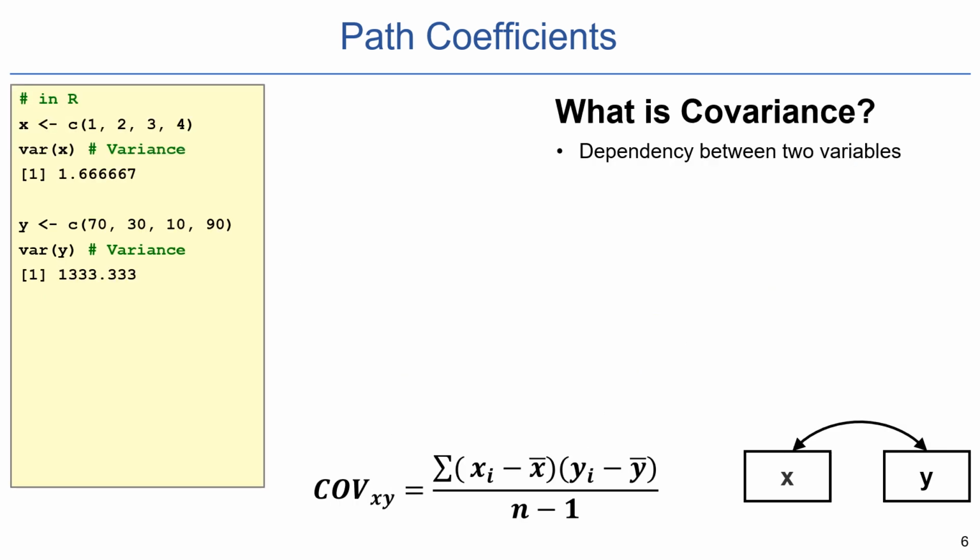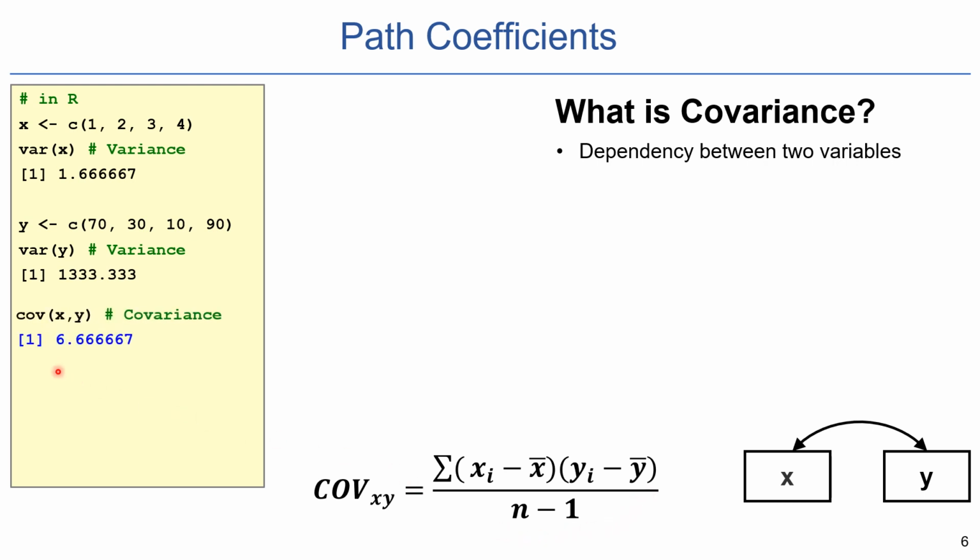If we have two variables, let's say x and y, then we can measure the dependency between them, which is called covariance. Covariance is calculated as the sum of the products of the residuals of the first variable and the second variable, divided by the sample size minus 1.